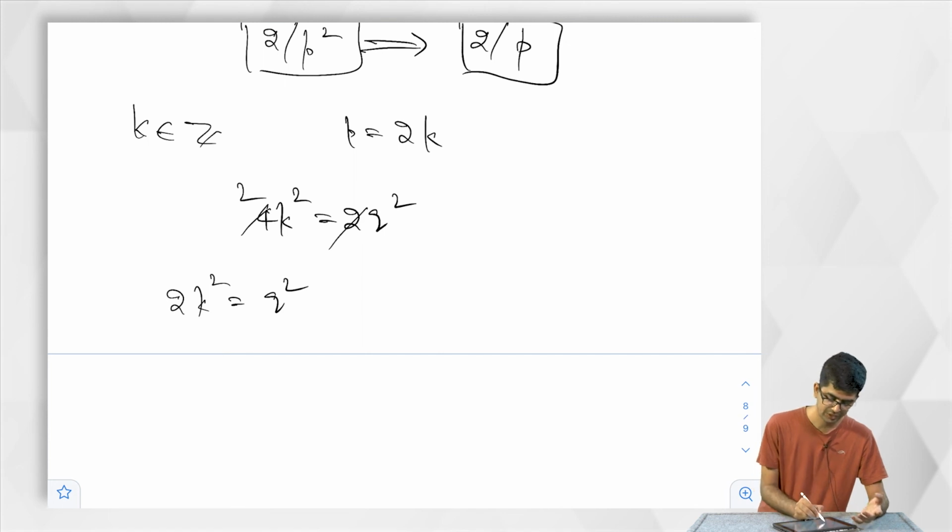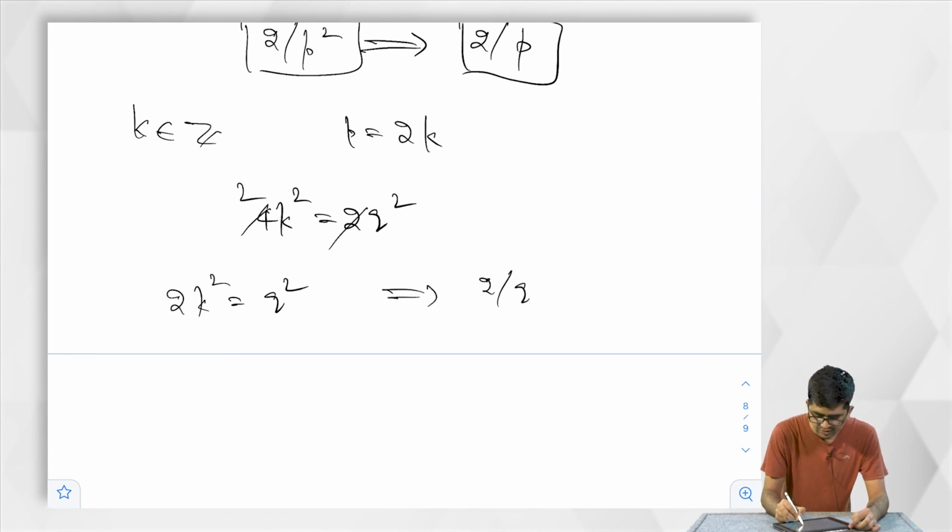So 2 divides the left hand side, so it should divide the right hand side also. So what does it give? It gives 2 divides Q square.